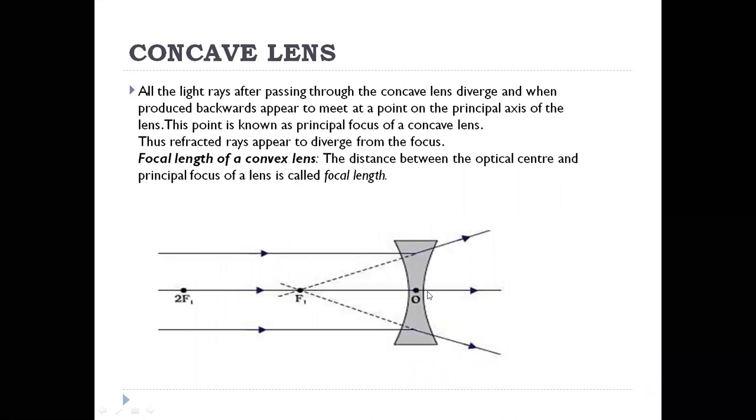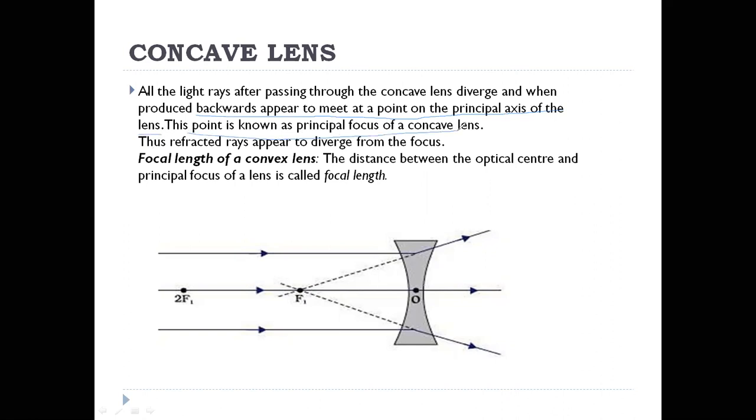Now the concave lens. All the light after passing through the concave lens diverges, and when it diverges, it appears to meet backwards at a point on the principal axis of the lens.